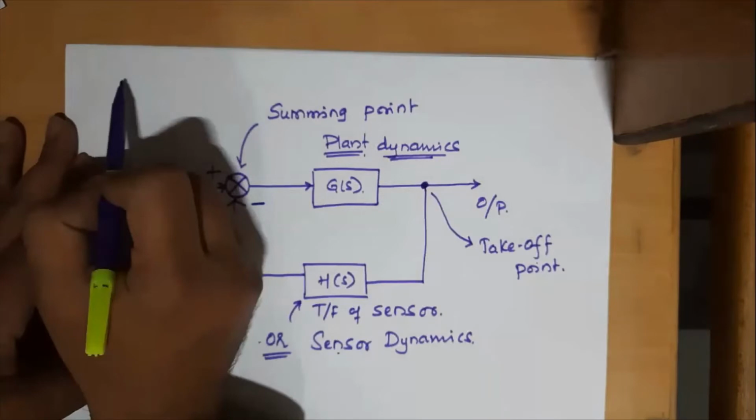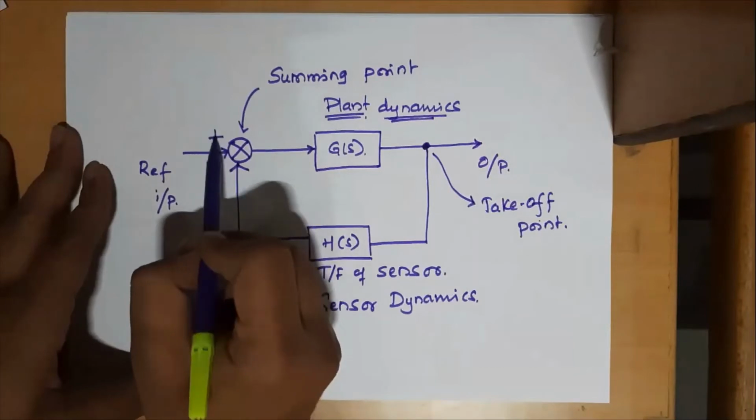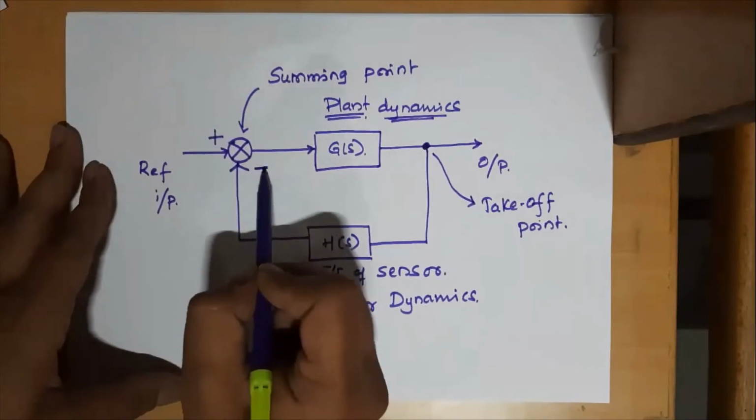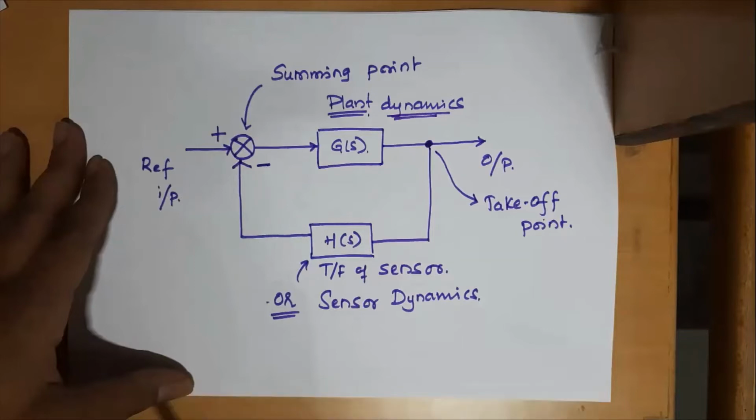So there are two types of feedback. One is positive feedback, another one is negative feedback. So when the feedback signal is subtracted at this particular summing point, it is termed as negative feedback. So it's very simple. Depending on the sign convention, we tell whether it is a negative feedback signal or a positive feedback signal.